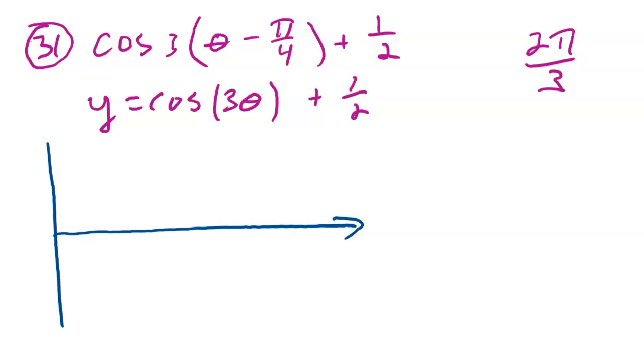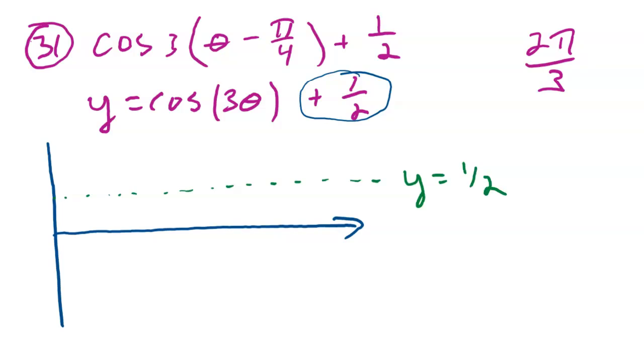The midline is going to move up 1/2, so in a different color, the midline is y equals 1/2. Now let's talk about the amplitude. In theory, we can go up to 3/2, and in theory, we can go down to -1/2, which is not fun.